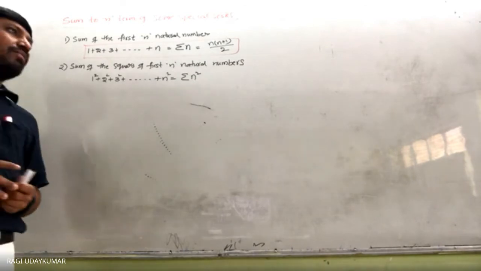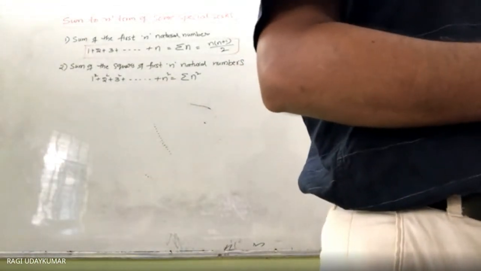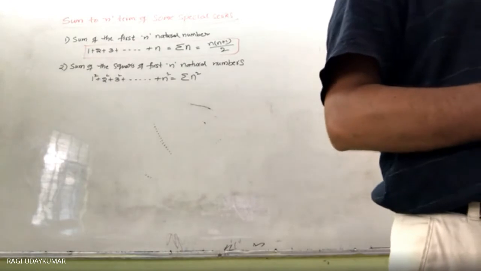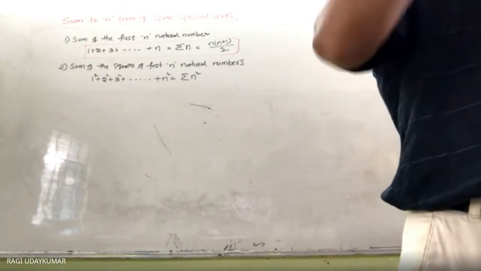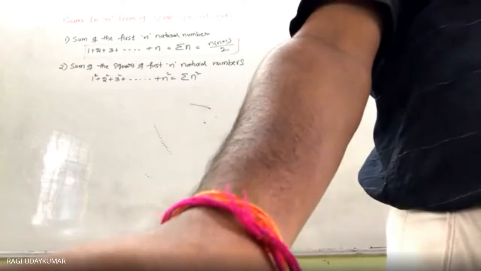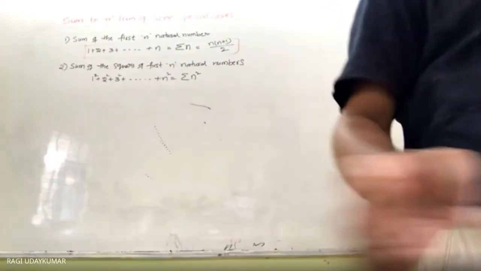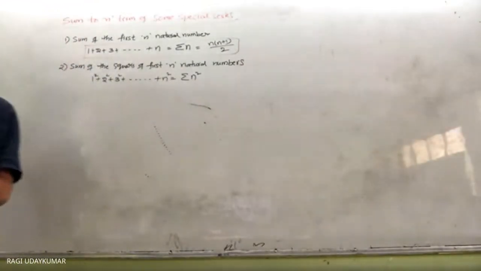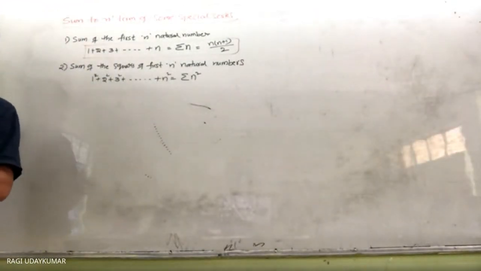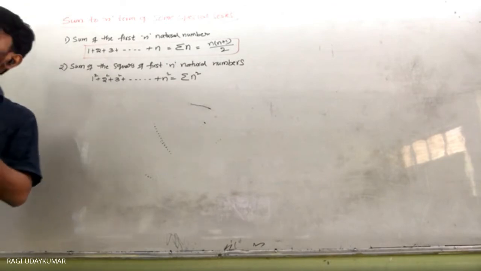Now here to find this one, we need to consider one identity. ये prove करने के लिए, we actually have a direct formula, but I am going to give it to you, how do we get it.